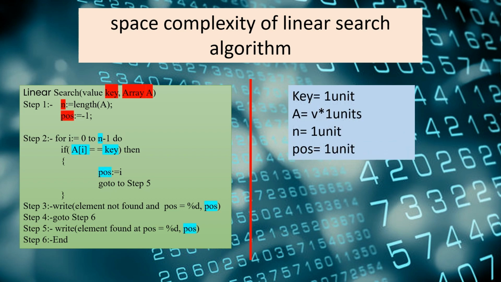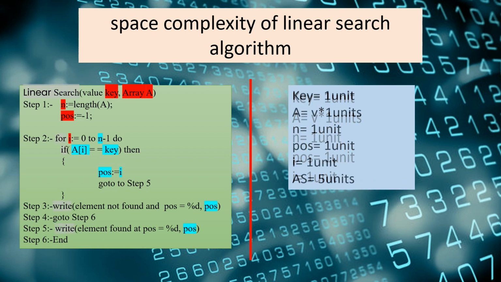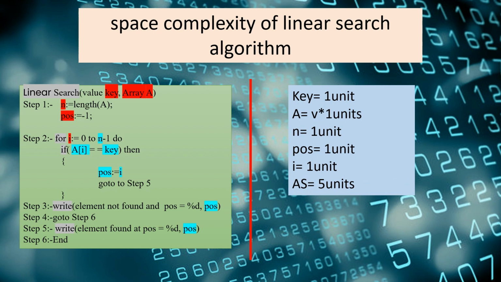And position also requires 1 unit space. Since we are using a for loop with variable I, therefore we would be allocating 1 unit space to I. And finally, let us assume that auxiliary space required for the algorithm equal to 5 units. So therefore, total space complexity equal to V plus 10 units.